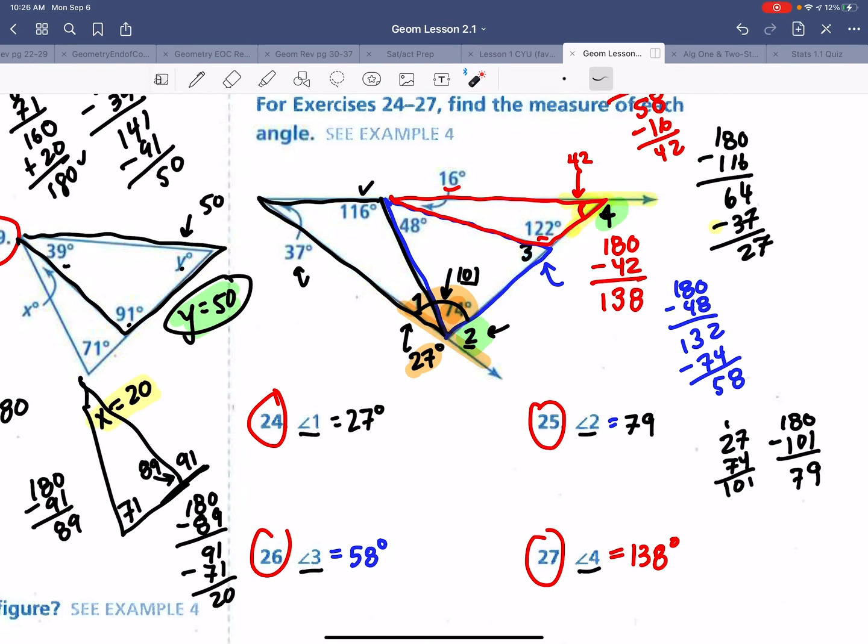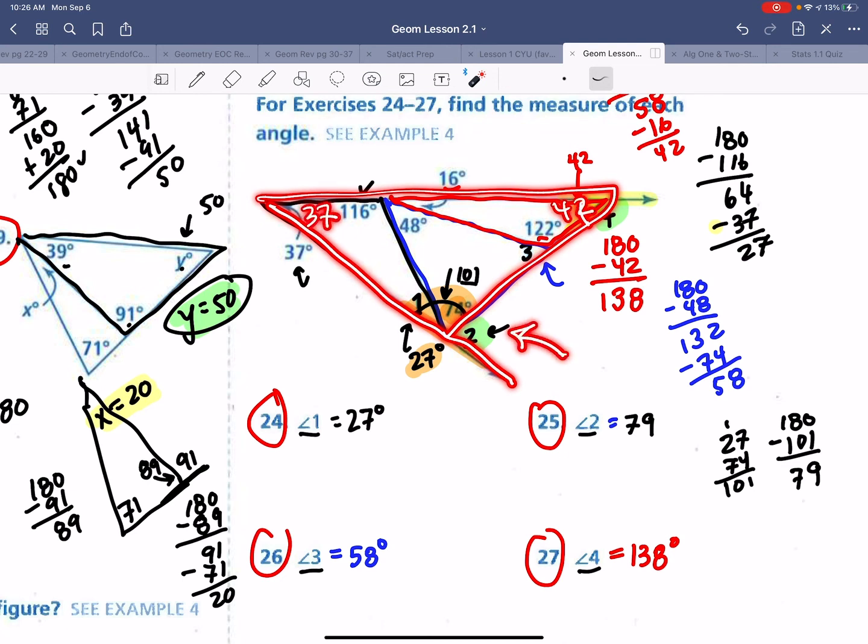Here, we notice in this blue triangle, 101 and 48 do add up to 122. We notice in this triangle, as we extend out here, this 42 degrees and 37 do add up to angle 2. 42 and 37 do add up to 79, which is the angle outside.